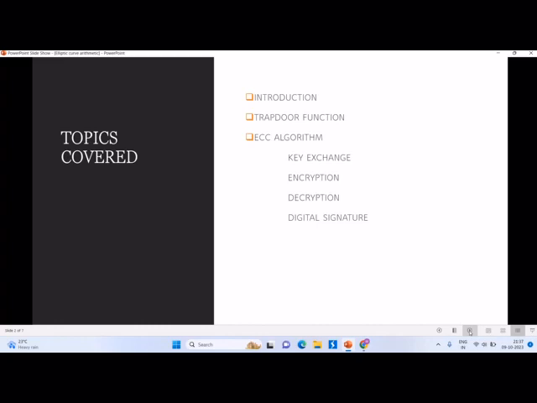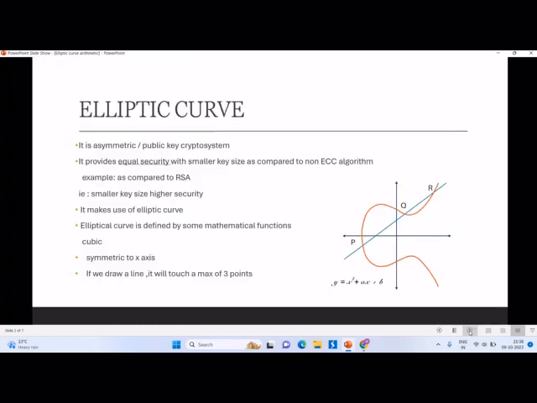In ECC we're going to discuss key exchange, how the key exchange works, and the process required to generate the key, and also encryption, decryption and digital signature.